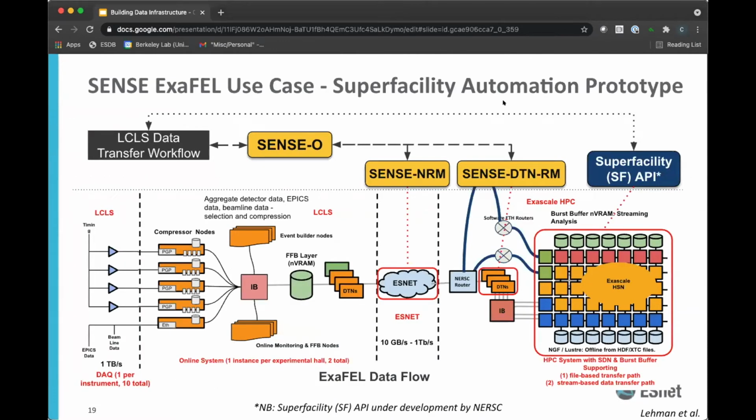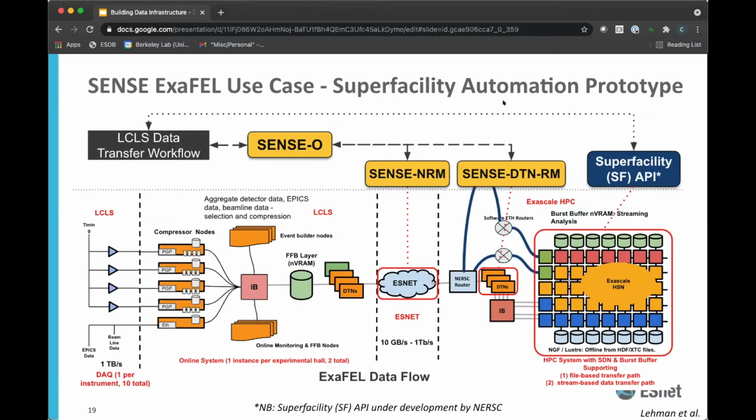So an example of this is the work we're actually doing with the LCLS. It's part of the XFL ECP project. So we've demonstrated the components here with the data transfer workflow and the Sense stuff. We're now working with NERSC to actually exercise the superfacility API as well.